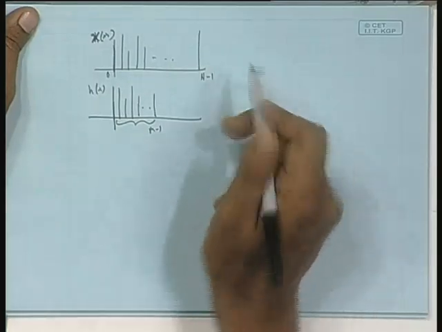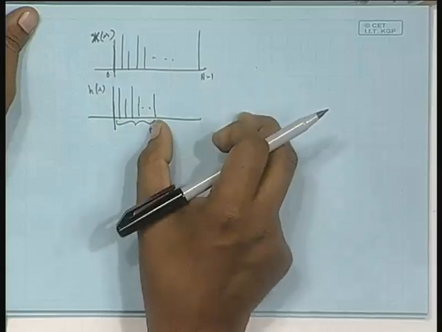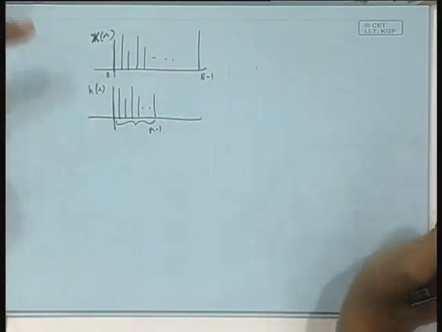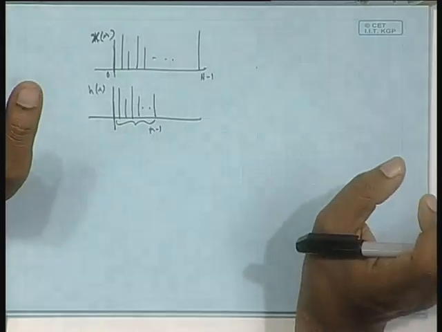What ideally should I do? I will add m minus 1 zeros here and n minus 1 zeros here, then make a bigger sequence and convolve. I mean, if I do the circular convolution, I will get the correct linear convolution result, fine.